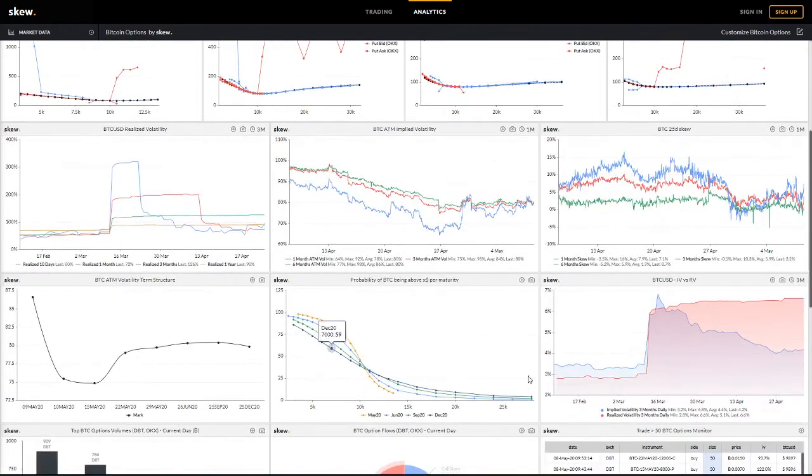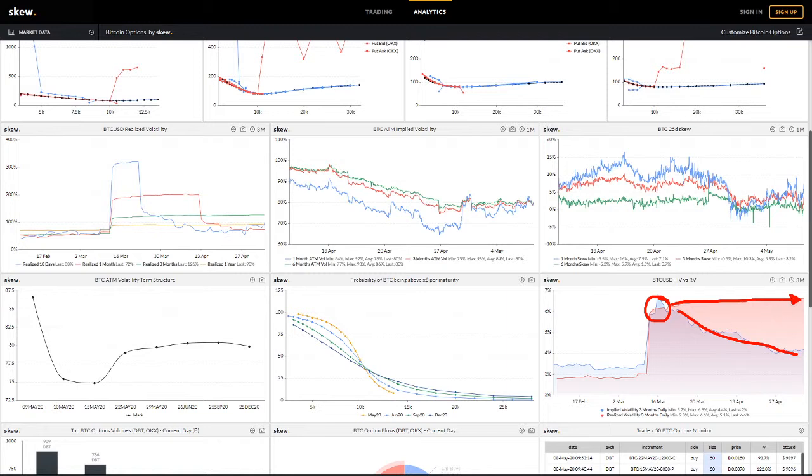Now we've also got another chart which shows the realized versus implied. This is very, very useful because at this point, you can see the implied is pulling out while the realized is still staying fairly strong. That generally means that that's a buying edge versus a selling edge.